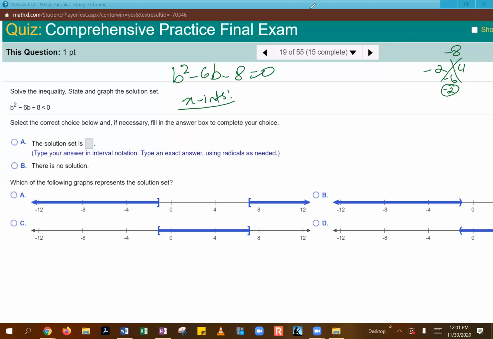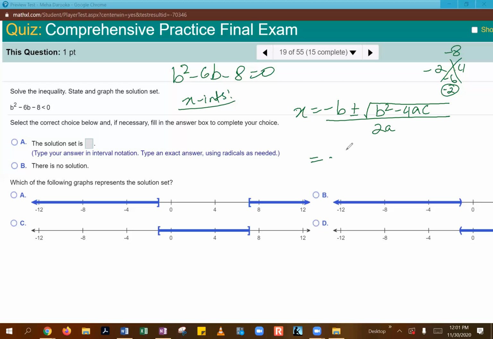And remember, you can always use the quadratic formula if you are not sure. So if you wanted to use the quadratic formula, remember it's negative b plus or minus the square root of b squared minus 4ac, divided by 2a. Because I would probably recommend using the test point method over here.